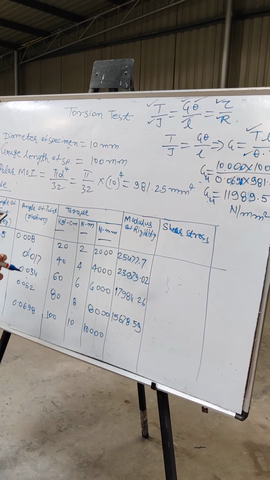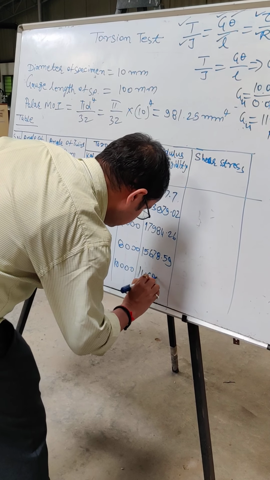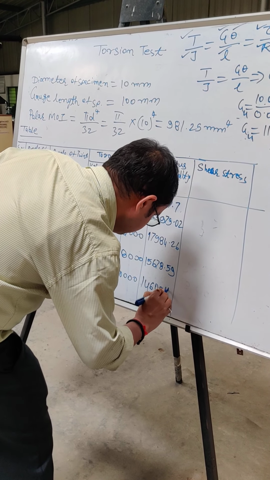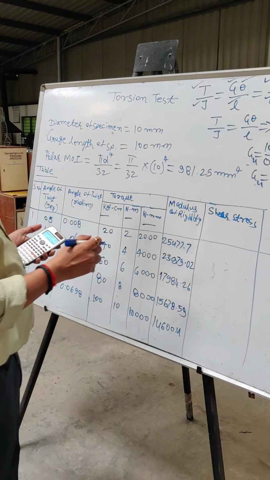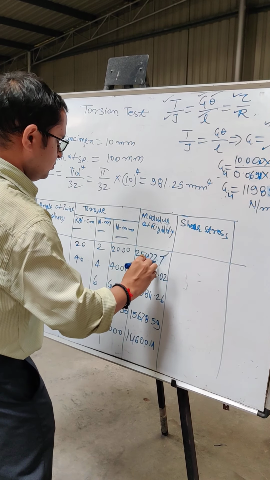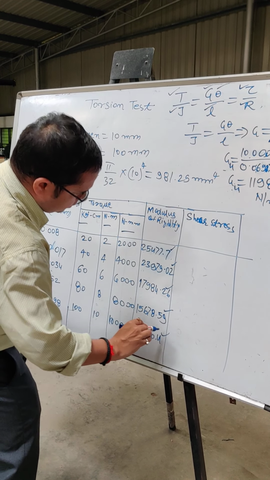So what is the answer? 1460.4. So these are the moduli of rigidity: G1, G2, G3, G4 and G5.